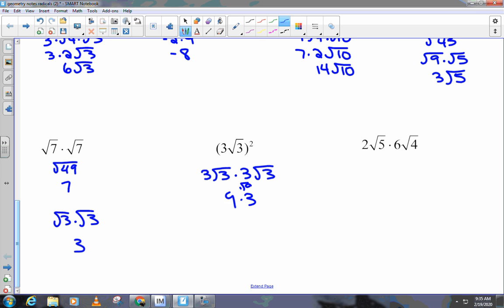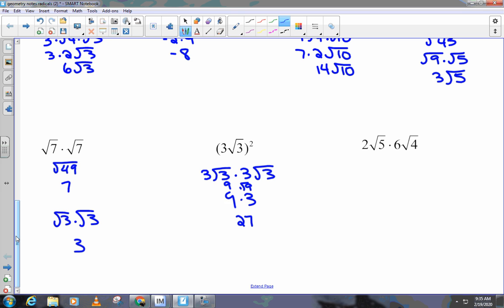It's radical 9, right? But remember we said when you multiply a radical by itself, you end up with that number minus the radical. Okay? You could go ahead and show that step if you wanted to. But radical 9 is 3. And then you multiply those together and you get 27. Isn't this fun? This is fun stuff right here, guys.